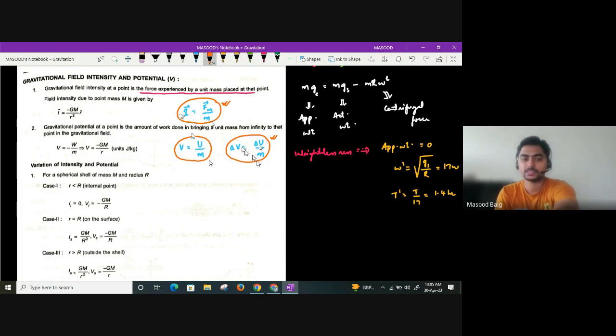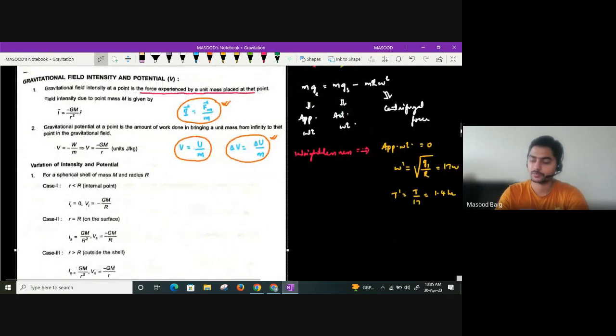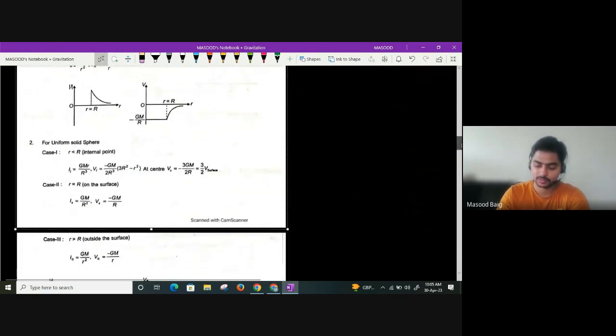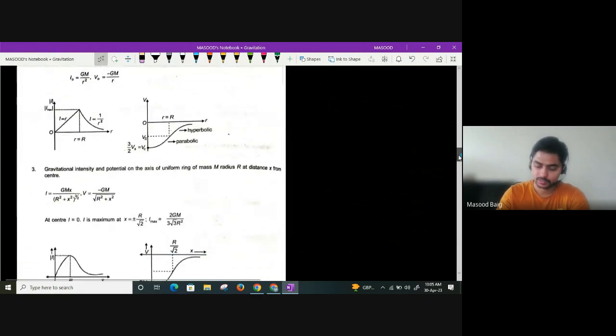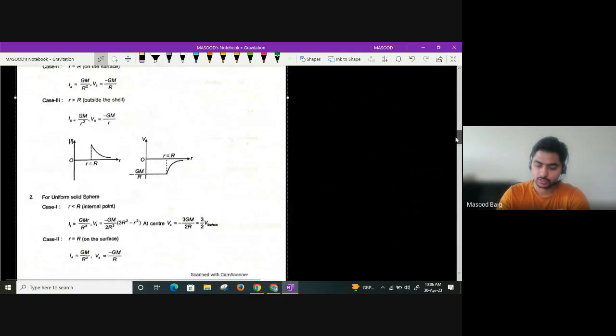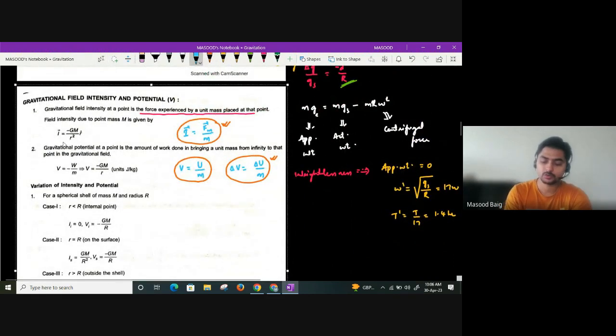So there is some variation in field and potential also. If we talk about variation in field and potential, for point masses we can find out, and for spherical shell we can do in the same manner. So already for point mass it is given, guys. Due to a point mass, how will the variation be? It will be minus GM by r square.